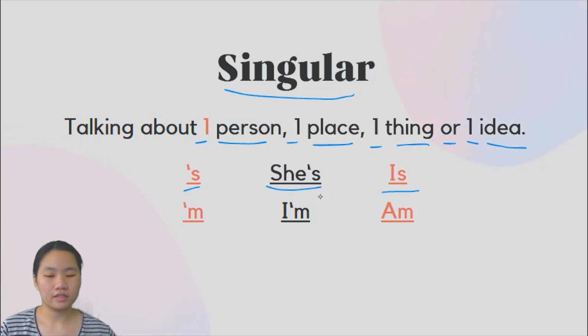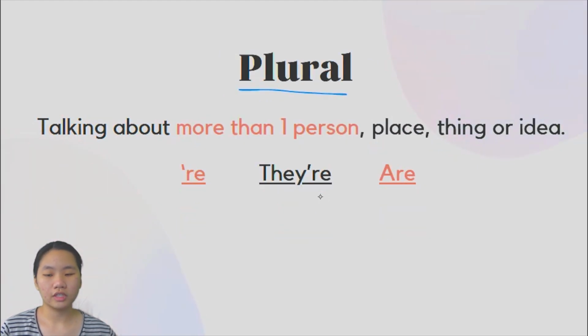She's, is. I'm, am. Plural. Talking about more than one person. So it's 2-person, 3-person, 4-person, and so on. We're, they're, are.